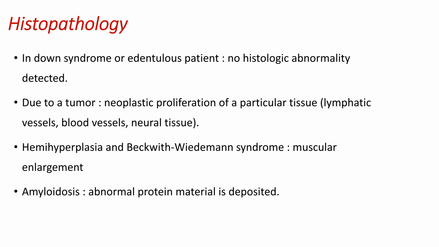Due to a tumor, there is a neoplastic proliferation of a particular tissue. That particular tissue can be lymphatic vessel, blood vessel, or neural tissue. In patients with hemihyperplasia and Beckwith-Wiedemann syndrome, there is a muscular enlargement. And in patients with amyloidosis, an abnormal protein material is deposited in the tongue.